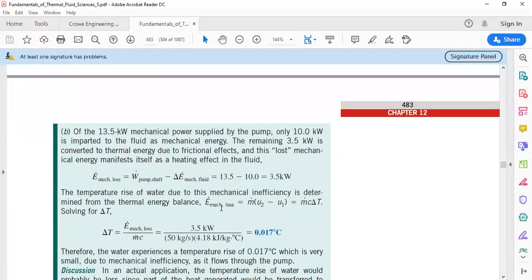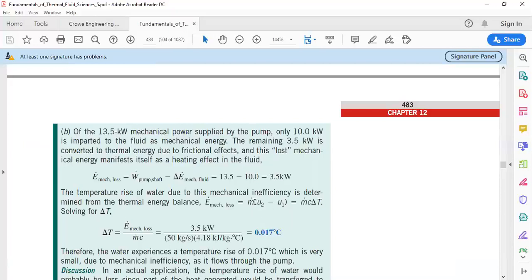This mechanical power loss in the pump results in a rise in the temperature, which can be related according to this thermal energy balance equation. It equals the mass flow rate times the change in the internal energies.